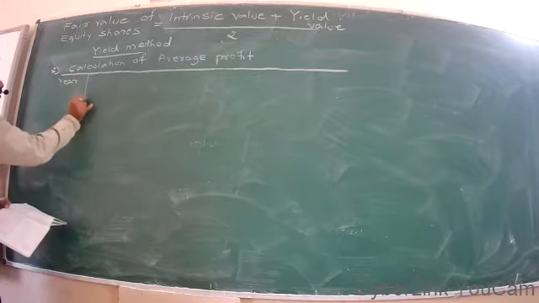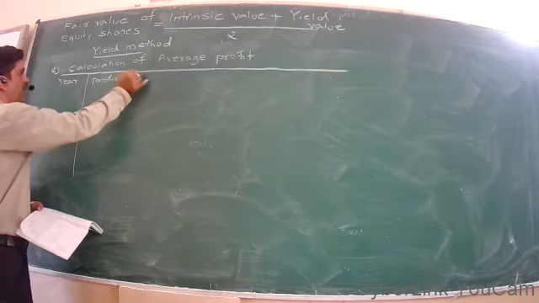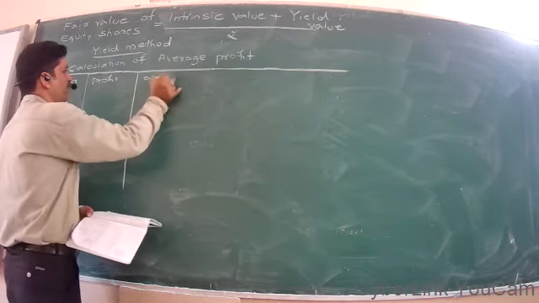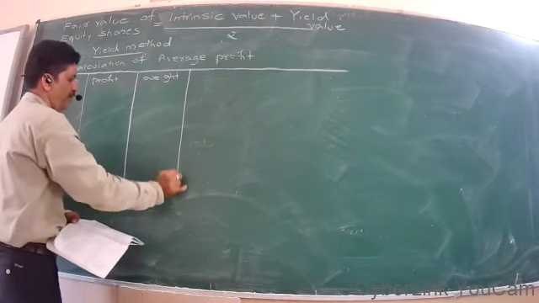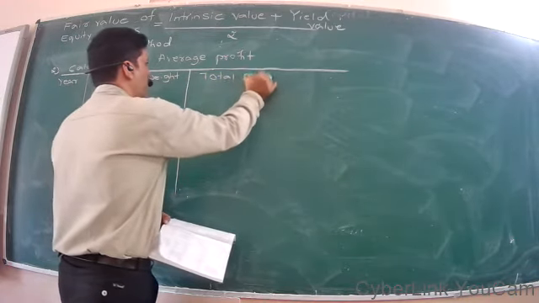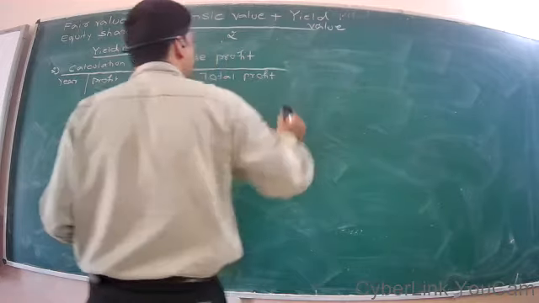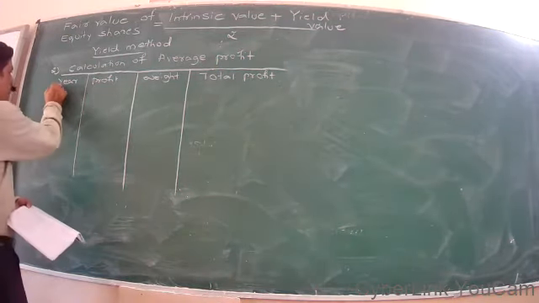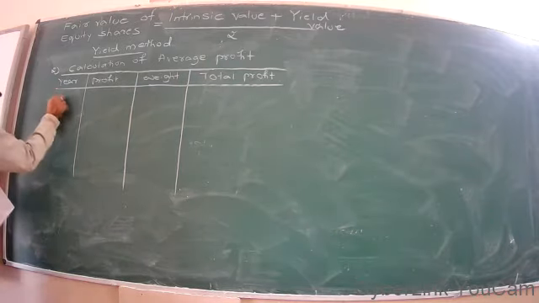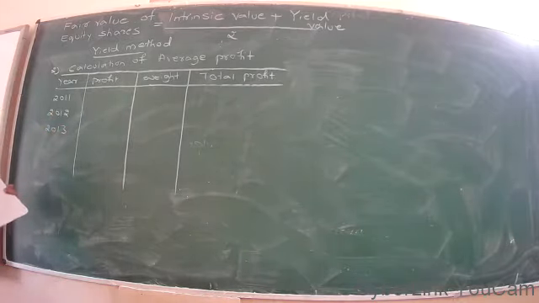Here we have columns for year, profit, weight, and total profit. The years are 2011, 2012, and 2013.